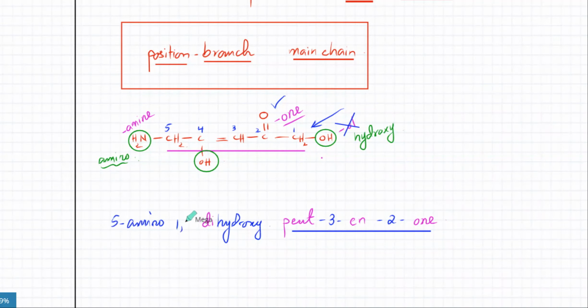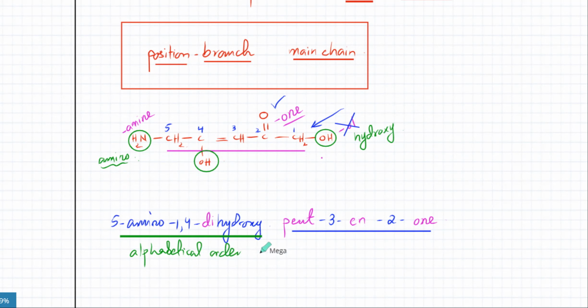So you're going to write 1,4-dihydroxy pent-3-en-2-one. And that's how the molecule is going to be named. The branches are written right in front, and they are written in alphabetical order. Amino comes first, and hydroxy comes later on.